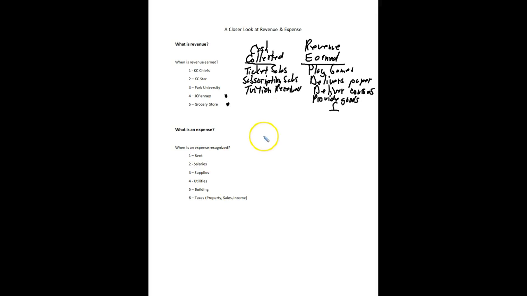And then down here with expenses, we could also look at when the cash is paid versus when the expense is actually incurred. When does it actually take place? So like rent, usually that's a monthly thing. We usually pay our rent on the first of the month, right?